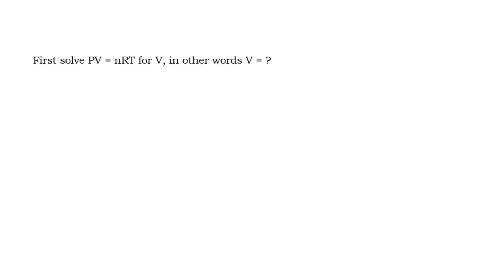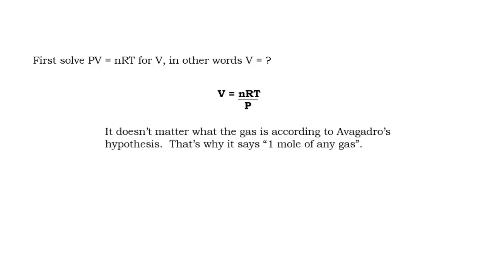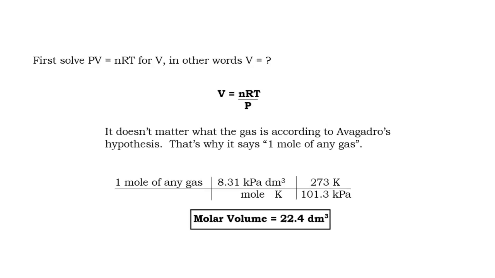So here's what we do. Solve for V from PV equals nRT, and we get V is equal to nRT over P. It doesn't matter what the gas is according to Avogadro's hypothesis, that's why it says 1 mole of any gas. So n is going to be 1 mole, R is going to be 8.31, T is going to be 273, and P is going to be 101.3.